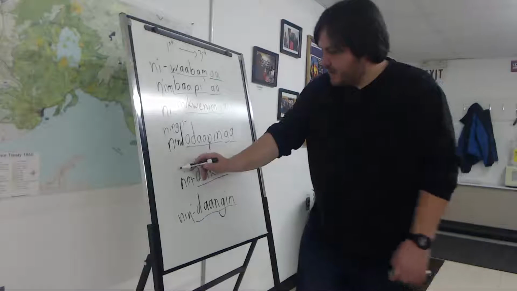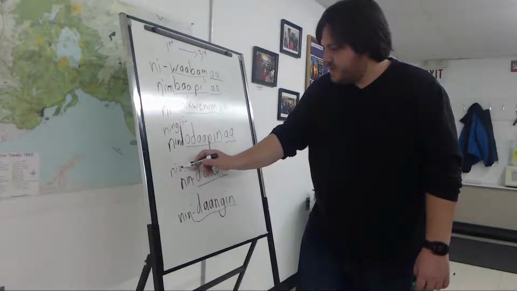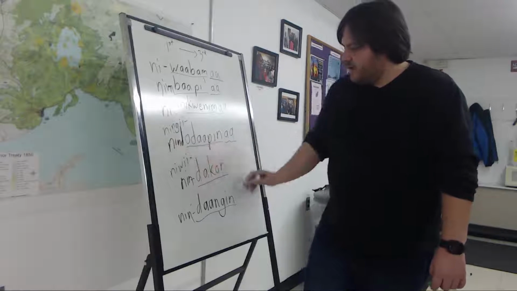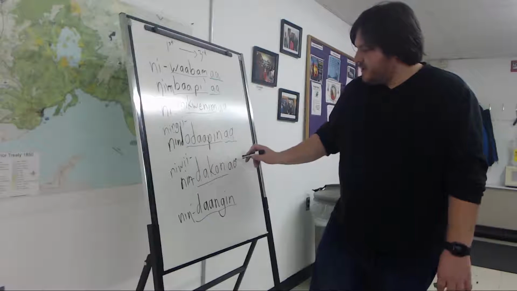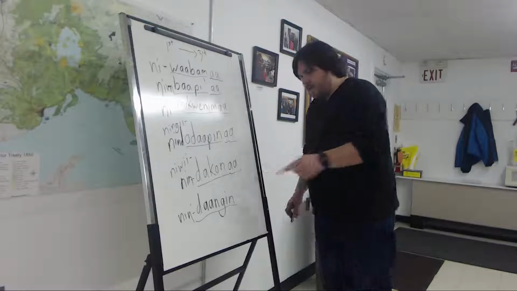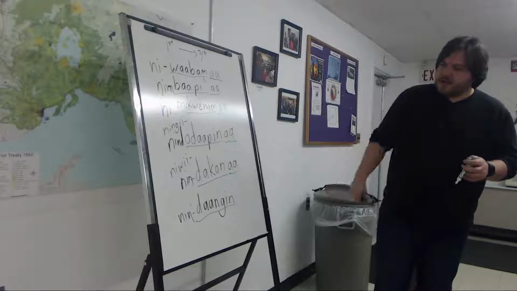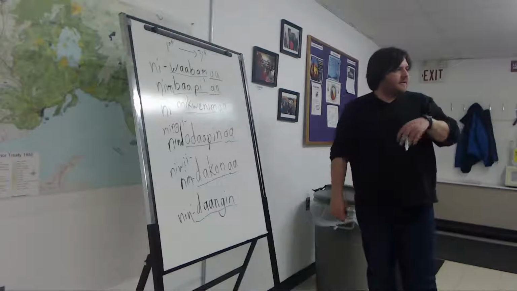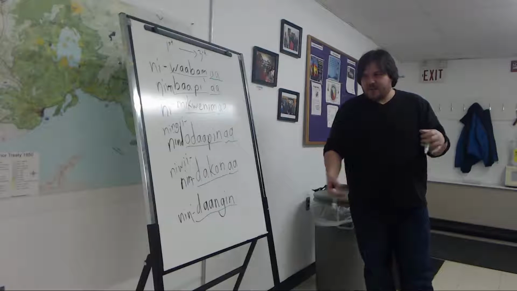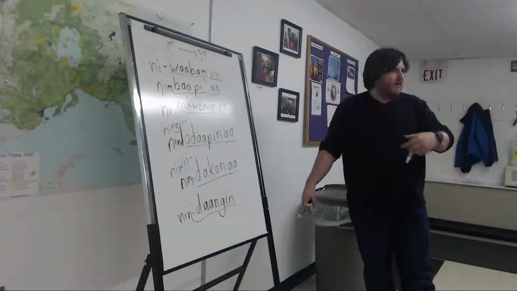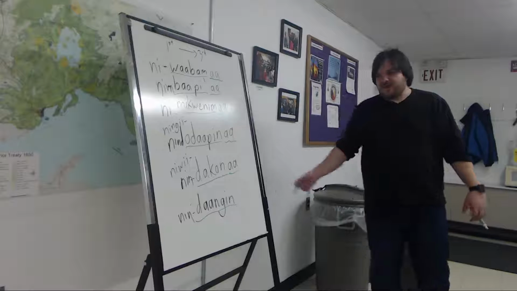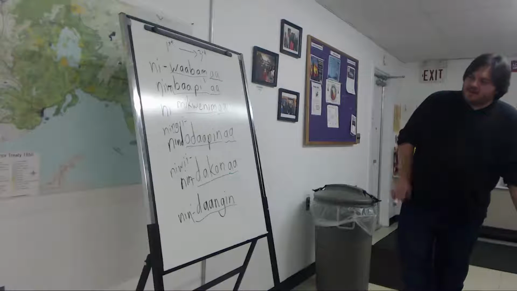Same with this, you could play with the tense still. We dakona. Now it becomes indefinite future in the we dakona. I want to hold him or I want to hold her kind of thing.